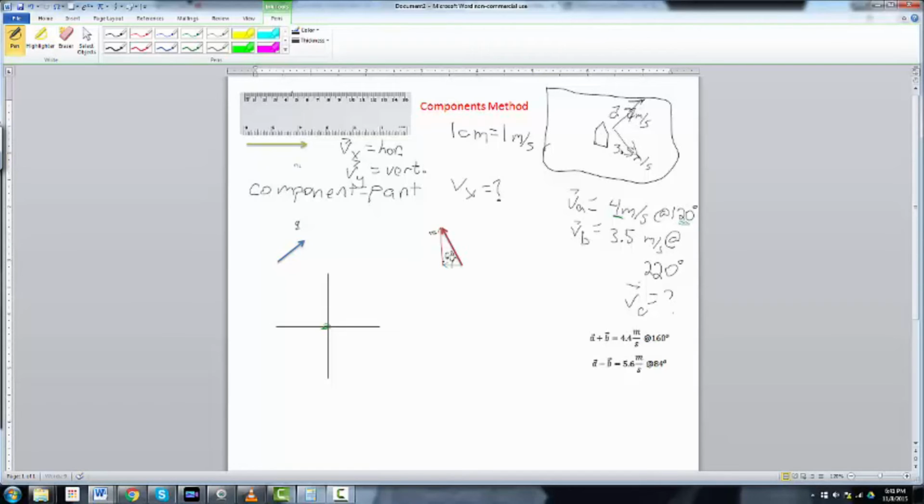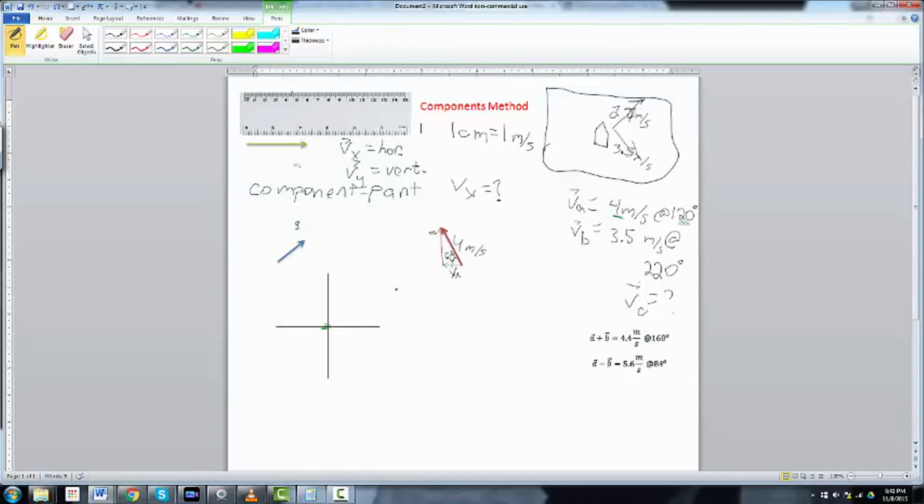So to find that out, I look at this angle, and I look at the side, and my Vx is my horizontal side. So it's my horizontal side, and it's my adjacent side. So I have my adjacent. I know my hypotenuse. My hypotenuse is 4 meters per second. And when doing problems like this, your hypotenuse is usually your vector. So it's 4 meters per second, that's my hypotenuse. That's how fast it's going. I want to know how fast it's going in the x.